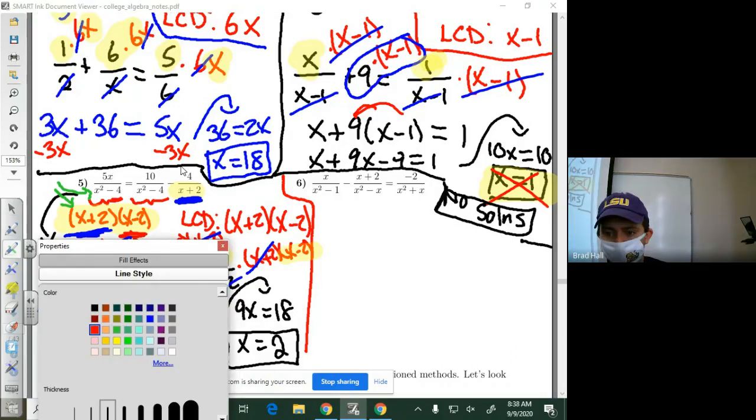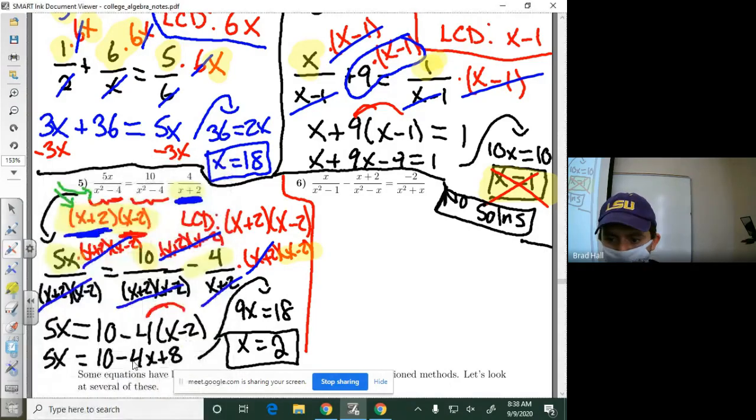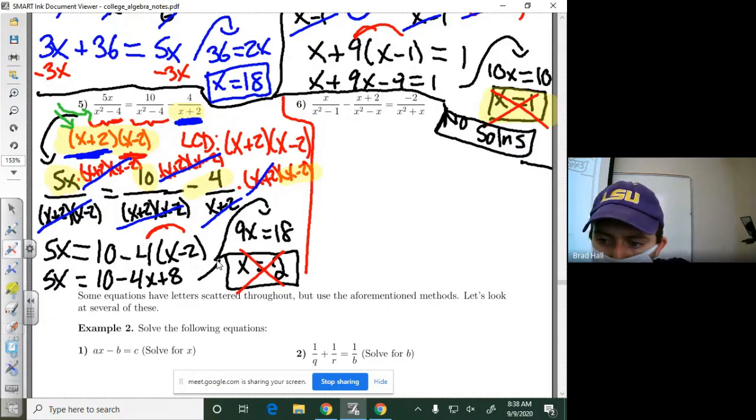So you get a 0 in the denominator, which means you would reject that answer. And once again, your final answer would be no solutions. So no answer, no solutions. That would be your true conclusion.